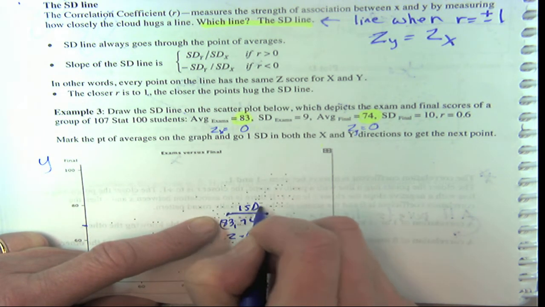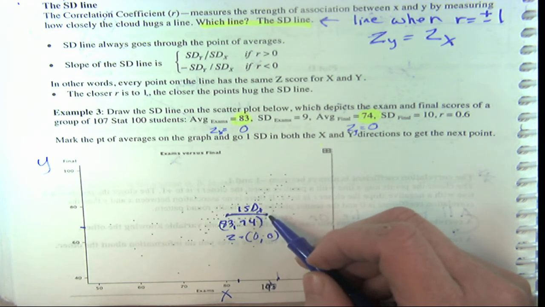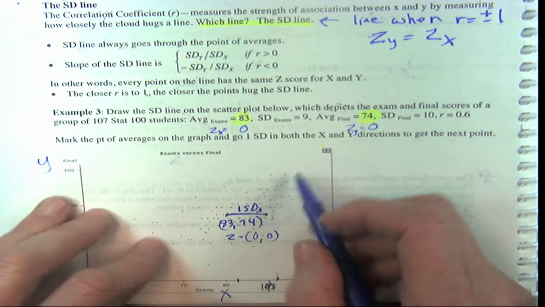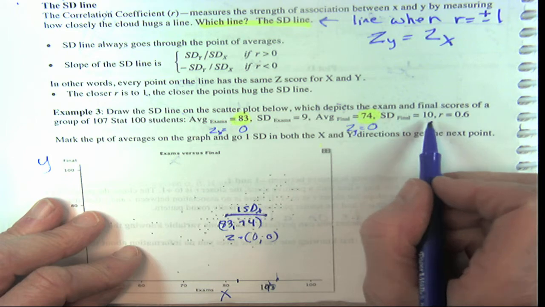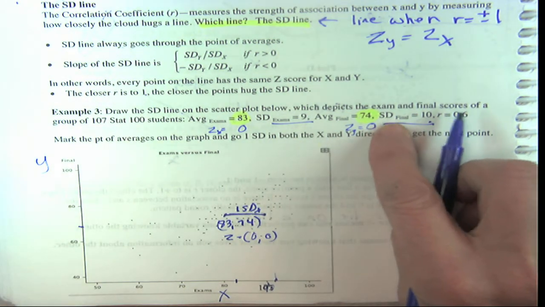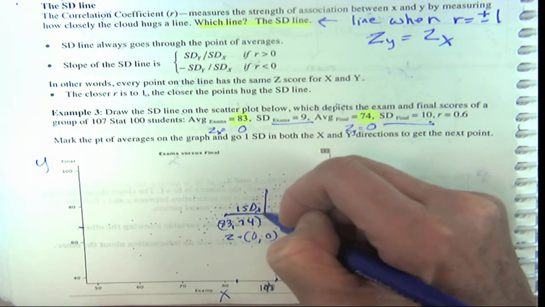1 SD of x. So that would go over 1. And then for a perfect correlation, now we're at 92. For a perfect correlation, how far are we going to go up? Well, one standard deviation in the y direction. And that's right here. So we'll go up 10 to 84. So 84 looks like it's about there. Okay.